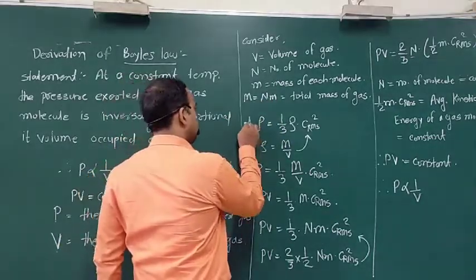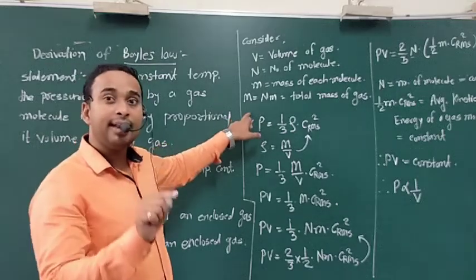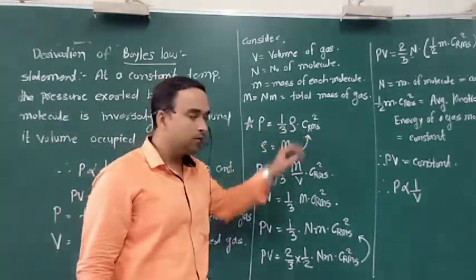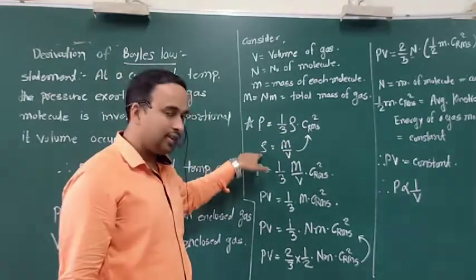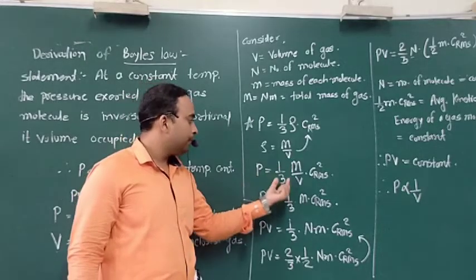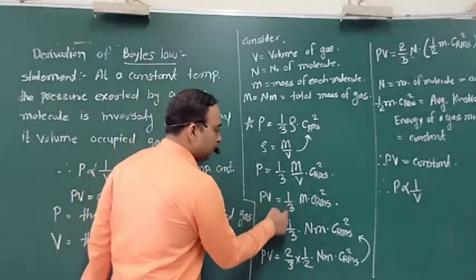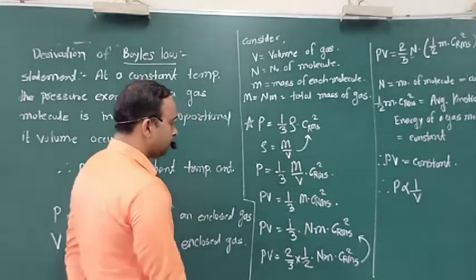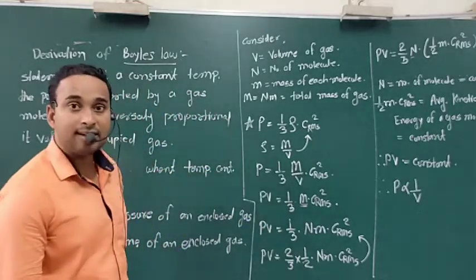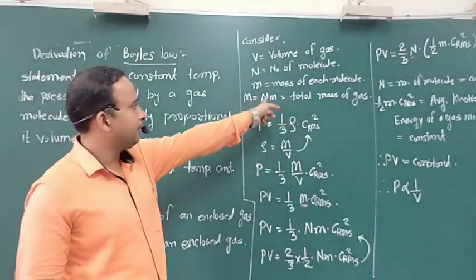So by using the formula of pressure, for deriving Boyle's law, we are using kinetic theory. The total mass of a gas can be substituted by N into m, or capital M is replaced by N into m.